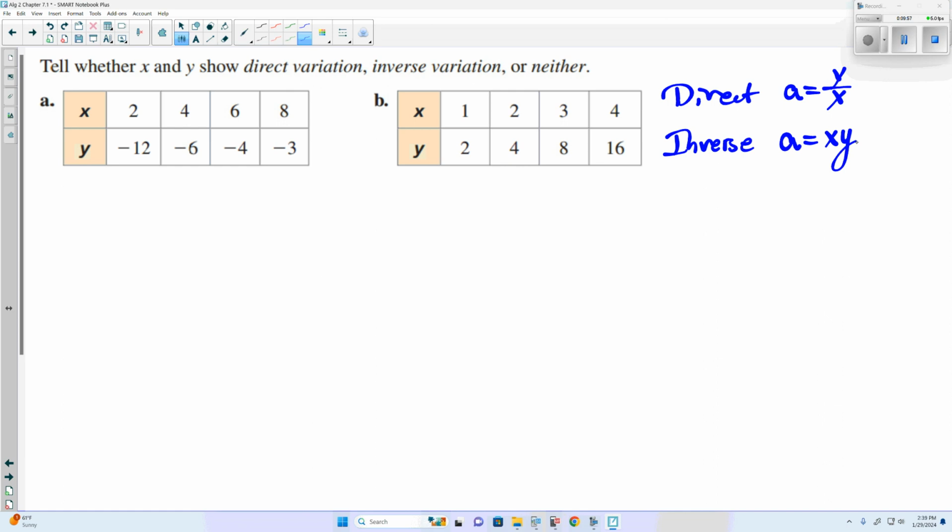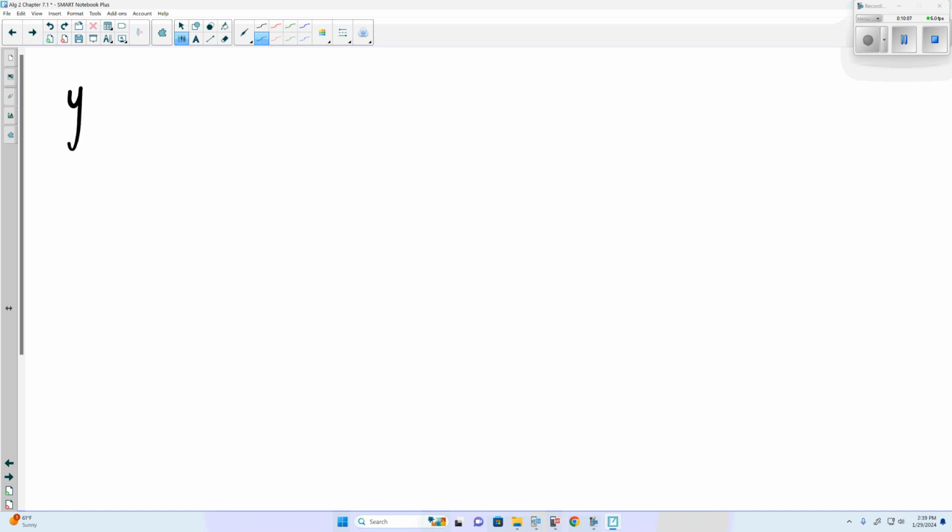So direct, y is equal to a times x, yes? So if I want to get a by itself, I would divide both sides by x, so a is equal to y over x. Now, inverse, y is equal to a over x.